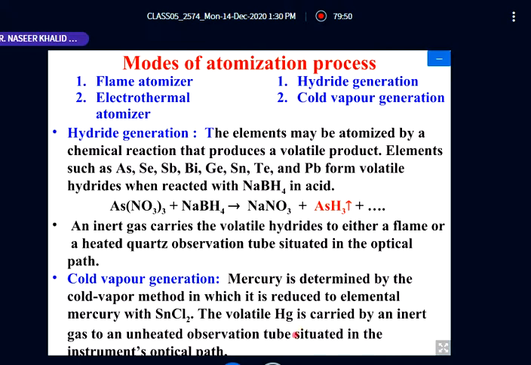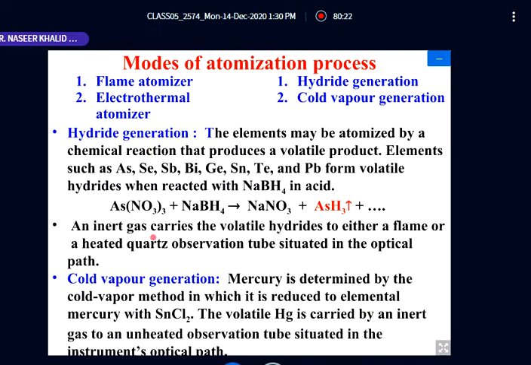The volatile mercury is carried out with an inert gas. When the stannous chloride reacts with mercury nitrate, the stannous chloride is converted into stannic chloride. Mercury vapor is formed, in the volatile vapor form. So this is known as the cold vapor generation technique.